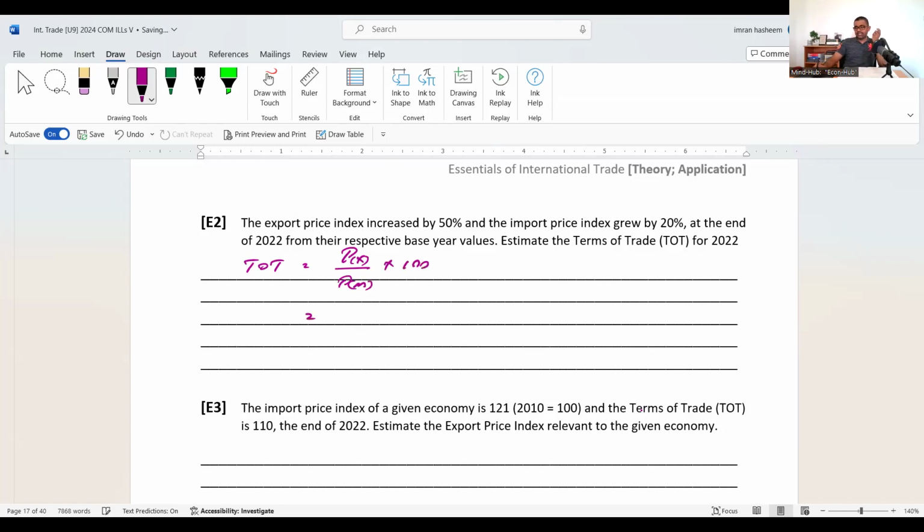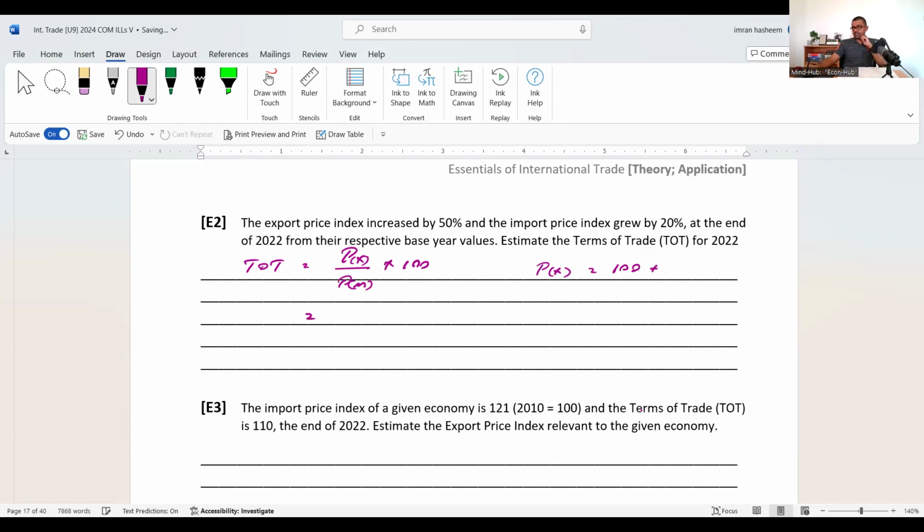If you apply the values, what is the export price index value? You have a base year value of 100.